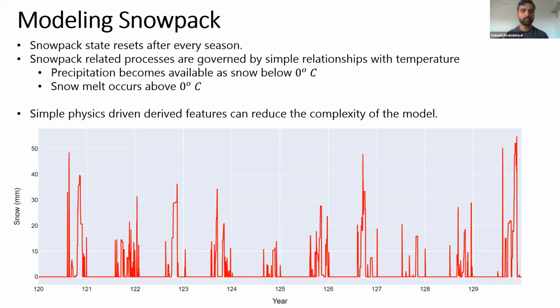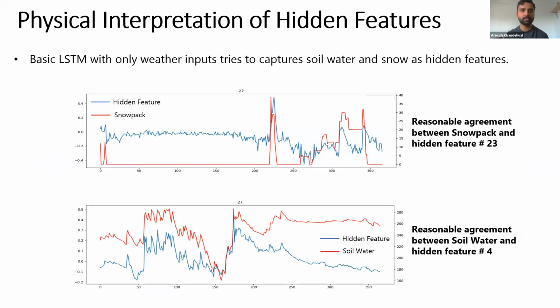So very different temporal scales. But another thing to note about this storage variable is that it has very simple relationships with temperature. So we could reduce the complexity of modeling this variable by adding some of those physics-aware inputs or derived inputs. So these are some of the insights that we could bring in to model these storage variables.